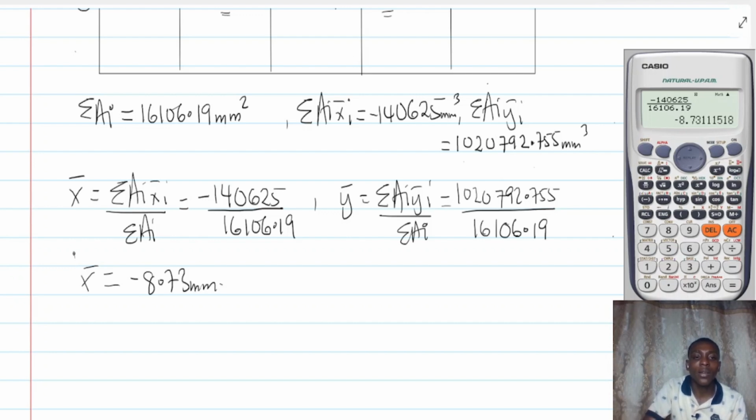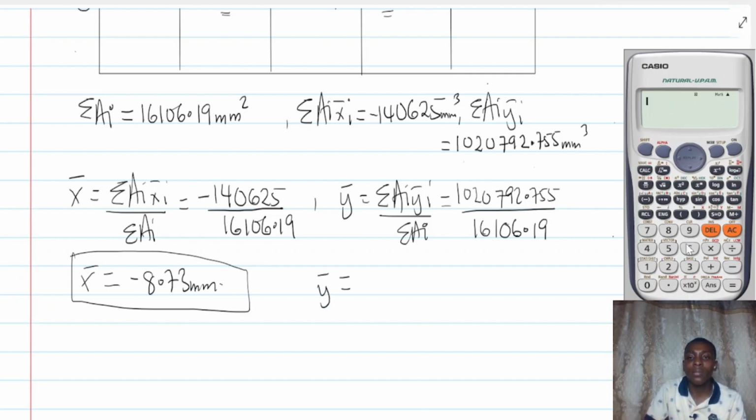All right. And then for the y bar, I'm going to get 1020792.755 divided by 16106.19, and that is 63.378. So let's say 63.38.